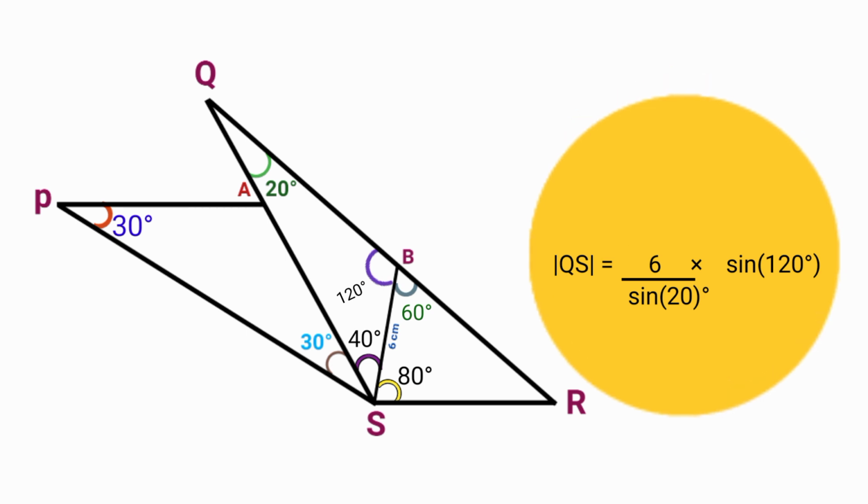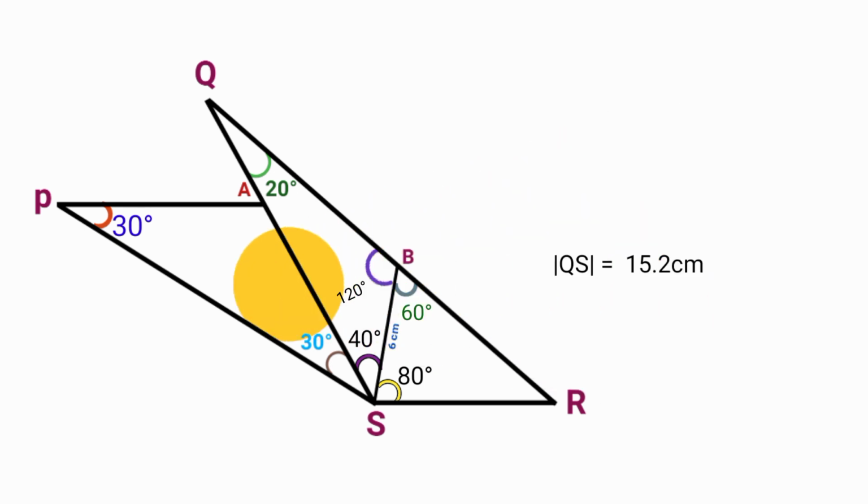Sine 20 degree is 0.342 and sine 120 degree is 0.866. So now line QS equal to 6 over 0.342 times 0.866, which equals 15.1929, approximately equal to 15.2 cm. So we found the length of line QS to be 15.2 cm.